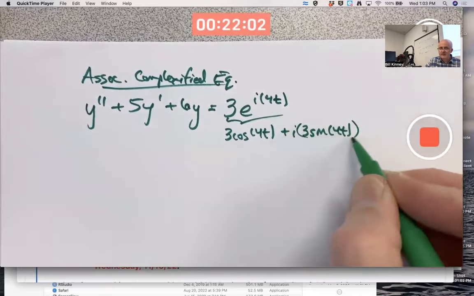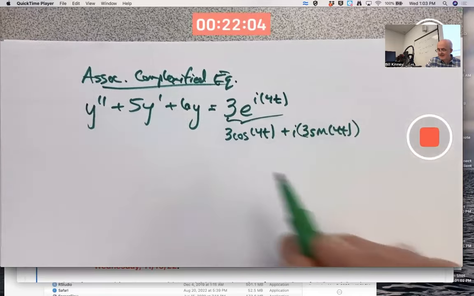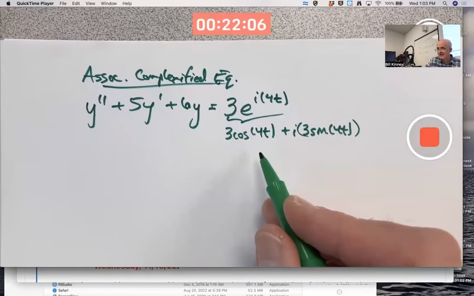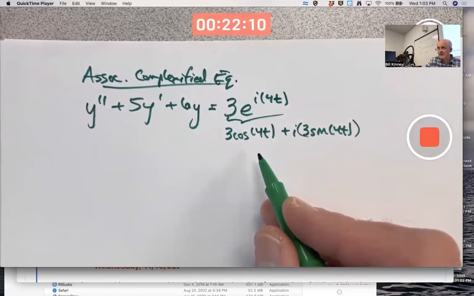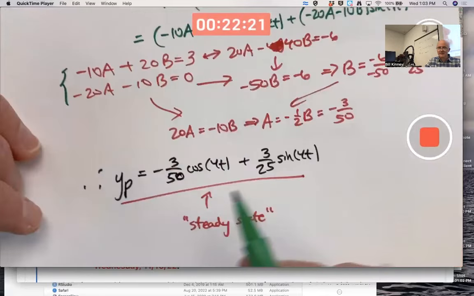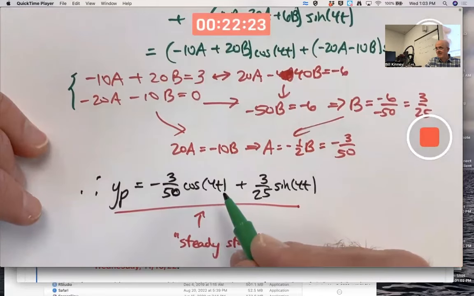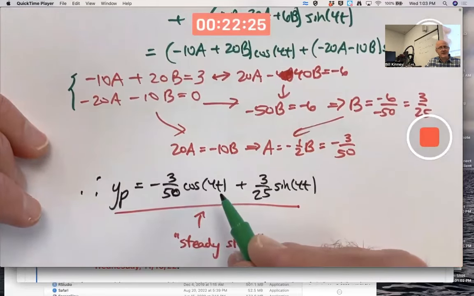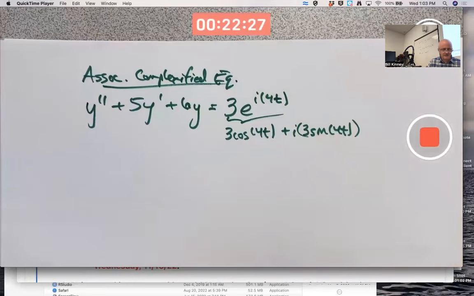The real part of this is the original right-hand side, 3 cos 4t. And we're going to use the nice properties that exponential functions have to help us solve this equation, and then use the solution of this equation to get back to this. You might wonder about what's the benefit of this. I'll talk about that benefit here in a few minutes.